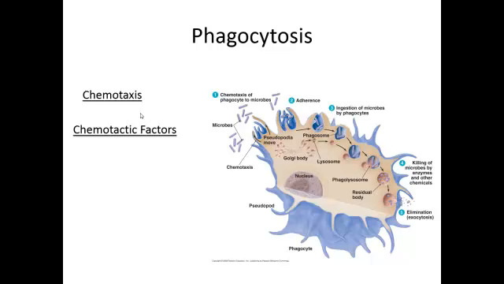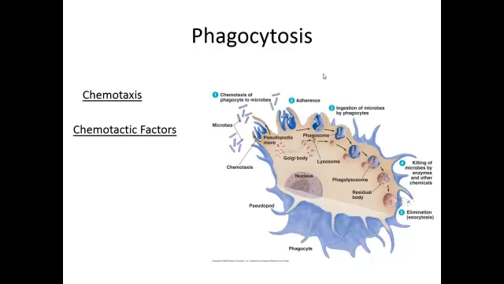Chemotactic factors are chemicals that are released by injured cells, by other cells in the immune system, and by the microbes. In any case, the phagocyte moves along the chemotactic trail, sort of like a bloodhound, and comes in contact with the microbe. We call this adherence or attachment. In other words, before it can swallow it in, it's got to get a hold of it somehow.